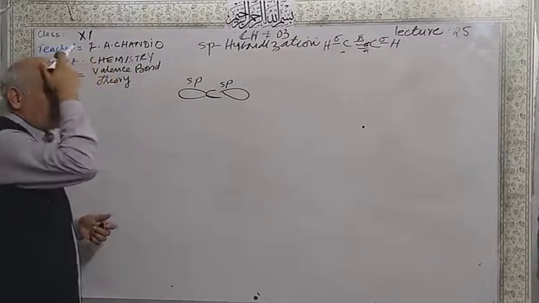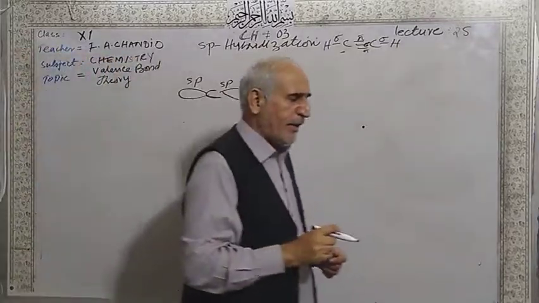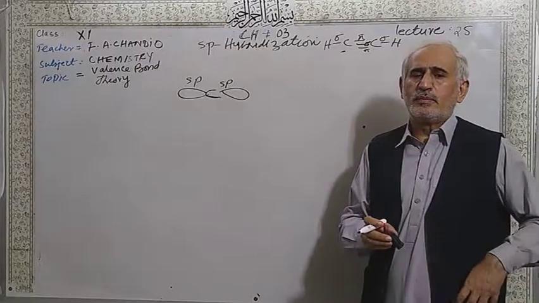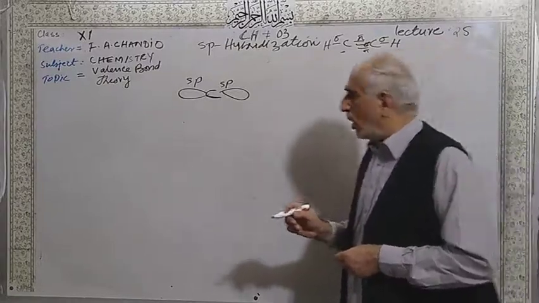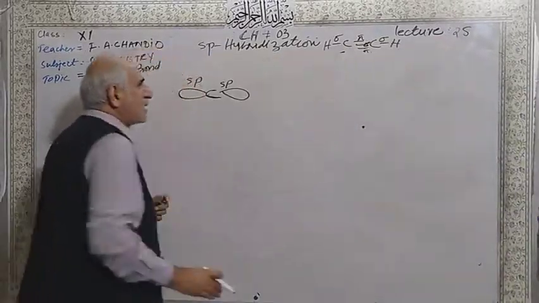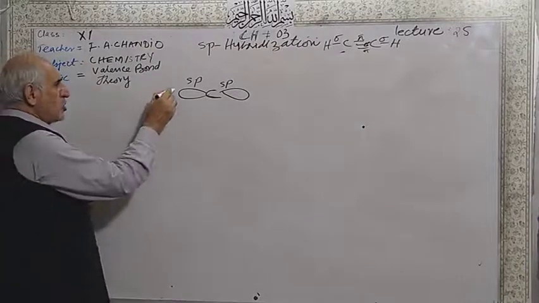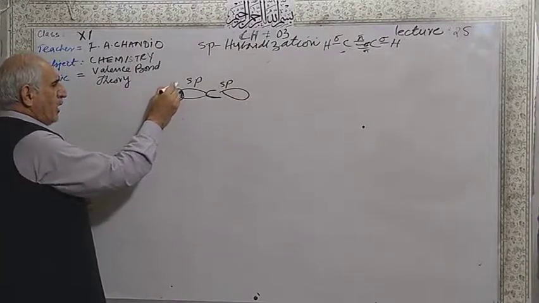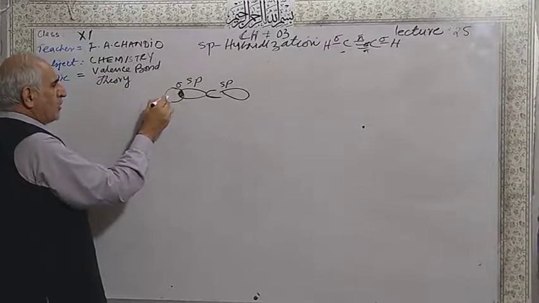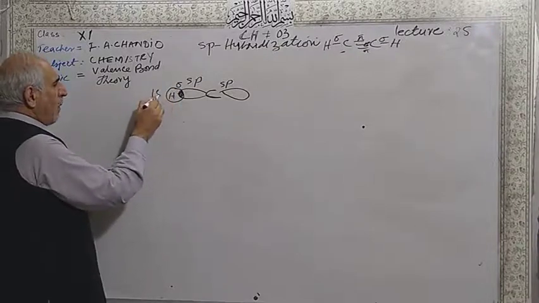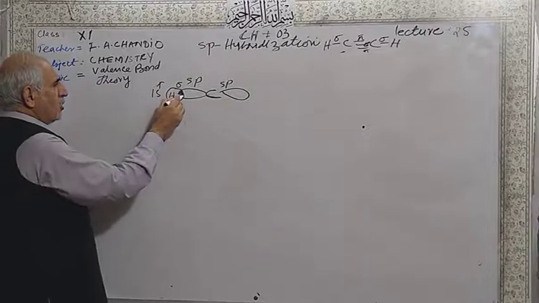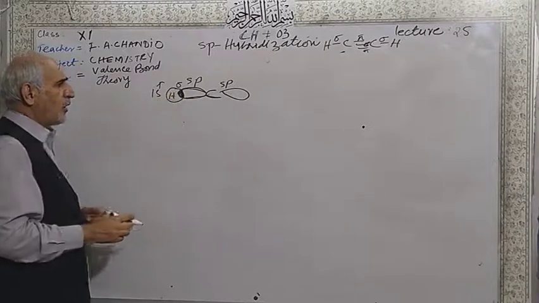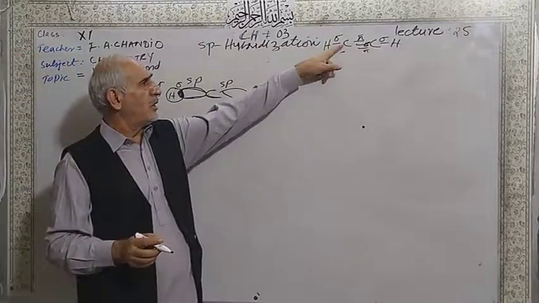Each carbon has 2 sp hybridized atomic orbitals. Each carbon is attached to one hydrogen. This is the hydrogen atomic orbital, straight overlapping to form a sigma bond. This sigma bond is formed by the overlapping of the hydrogen 1s with this sp orbital.